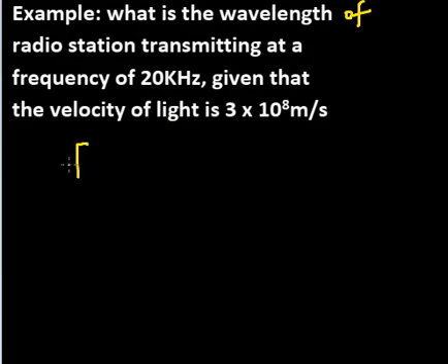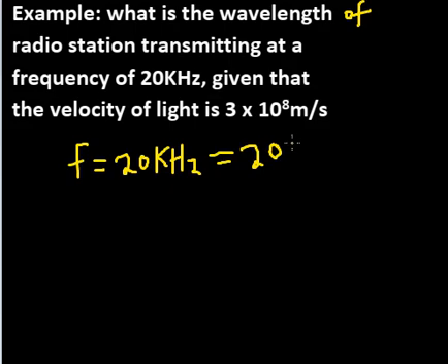So this radio station is transmitting at a frequency of 20 kilohertz. And of course, you know that kilo is 1 times 1000. So 20 kilohertz is 20 times 1000. That should be 20,000 hertz, right? 20,000 hertz.